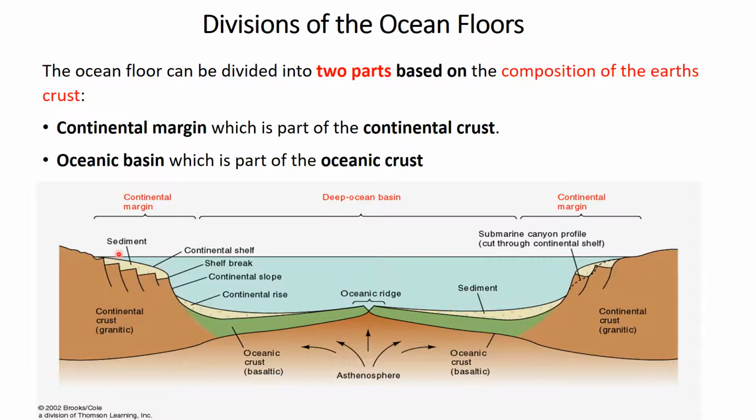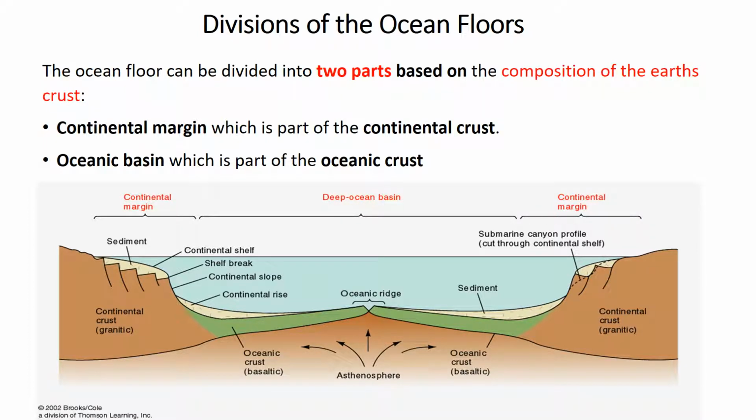When we talk about the shorelines, where the water starts, the features below sea level are still a continuation of the continent. That portion which still falls under the continental crust is known as continental margin. It means the margin of the continent before it joins with the ocean.